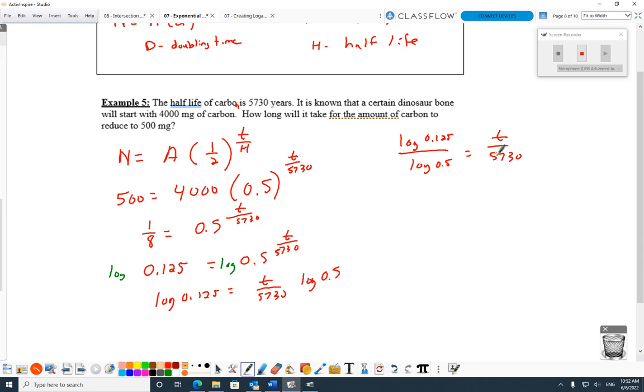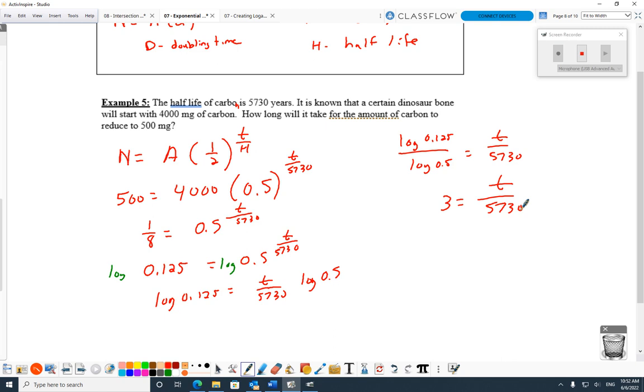And I get 3. There's no reason it should have come out to 3, except I rigged it up for teaching purposes. What's happened is the amount of carbon has gone in half 3 times. It went from 4,000 down to 2,000, then down to 1,000, then down to 500. There's been 3 half-lives in there.